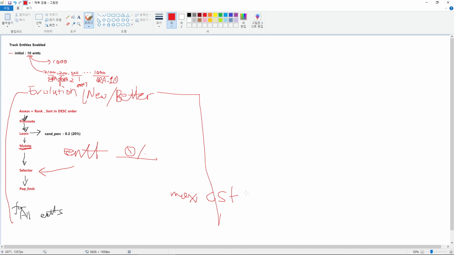If it's over, you are struck out. If it's equal or below, you stay. And then the population limit function would just limit the population, like it says. It's quite self-explanatory. So this was for all entities, usually, except maybe this part.